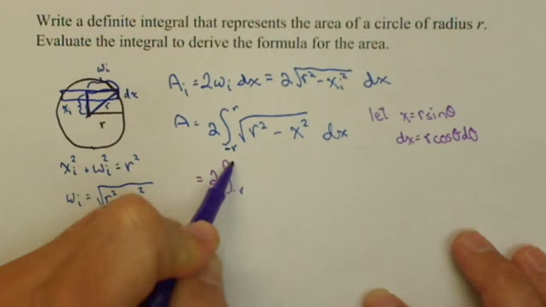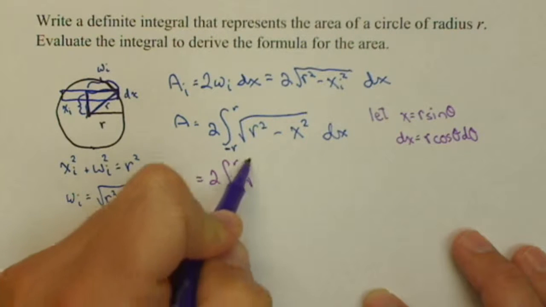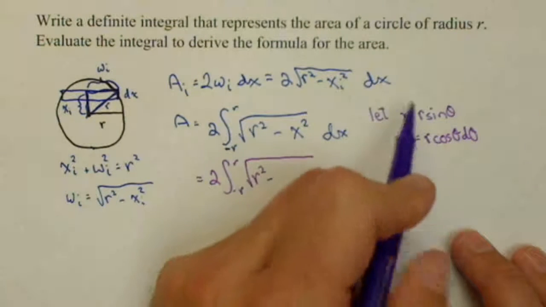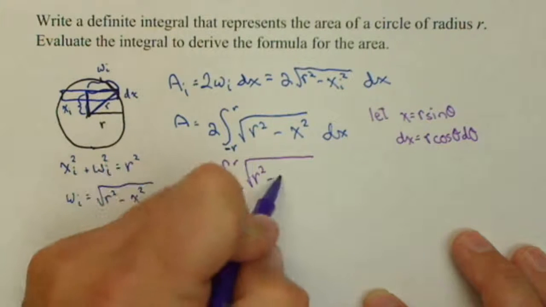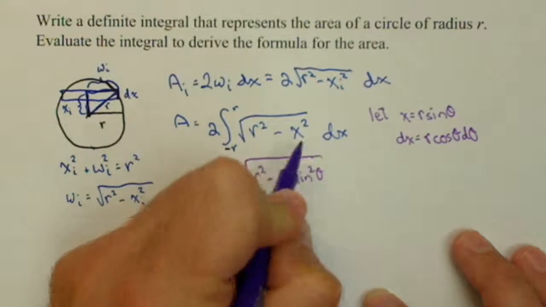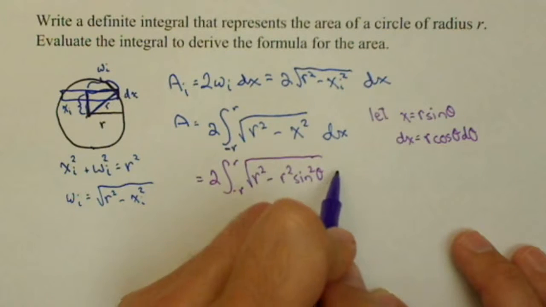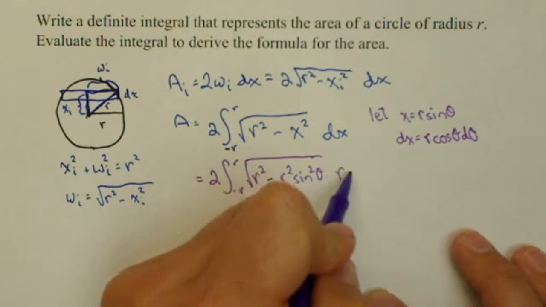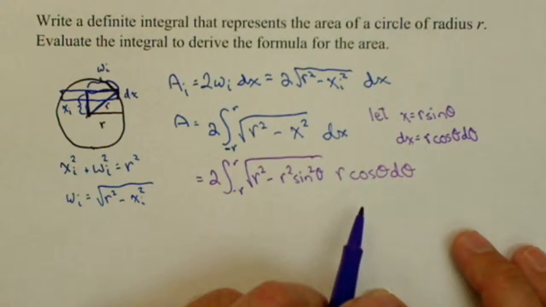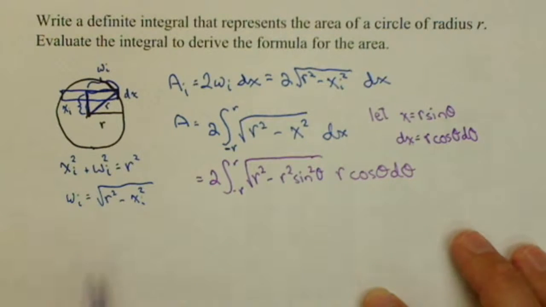So we have negative r to r, square root of r squared minus, this whole thing here is going to get squared, so we're going to have r squared sine squared theta, because that whole term gets squared, times our dx, which is r cosine theta d theta. I see the dx get forgotten a lot on trig subs, so don't forget that part.